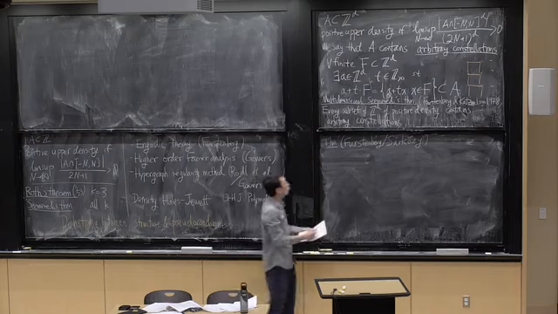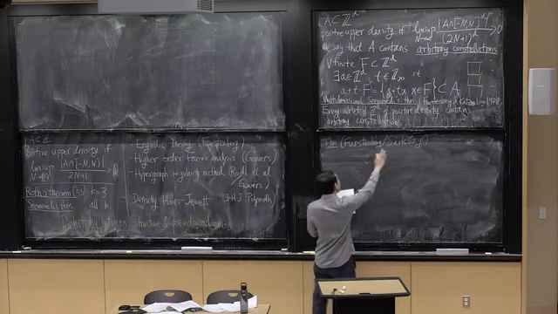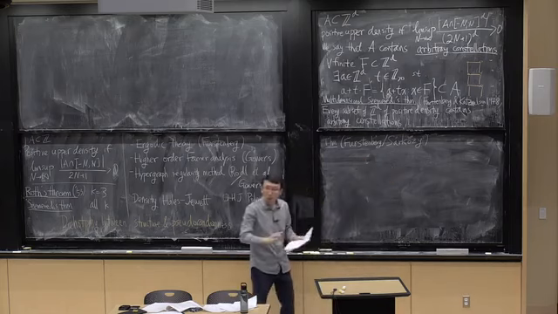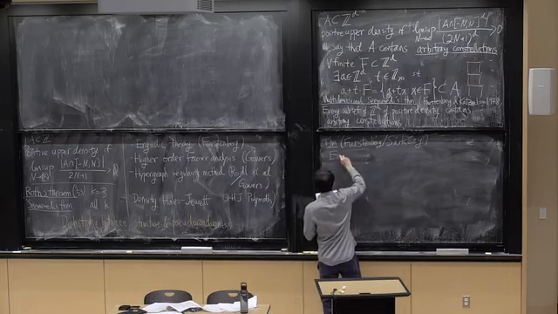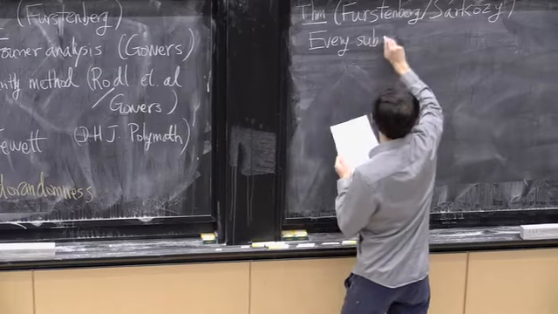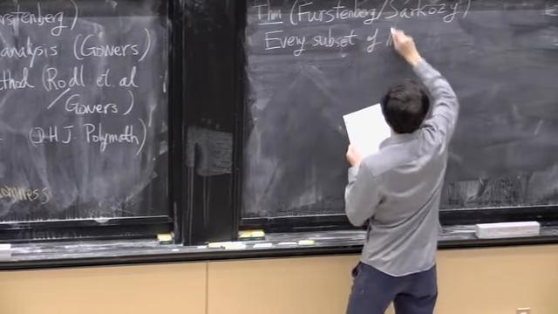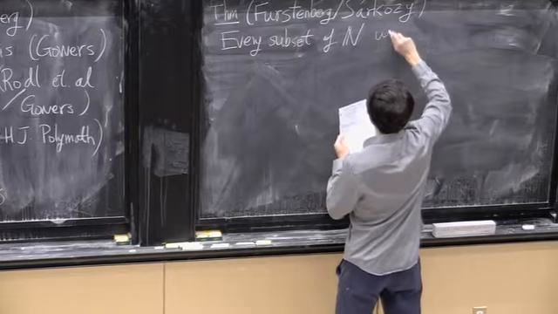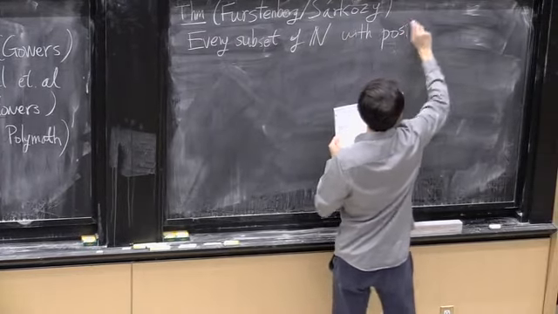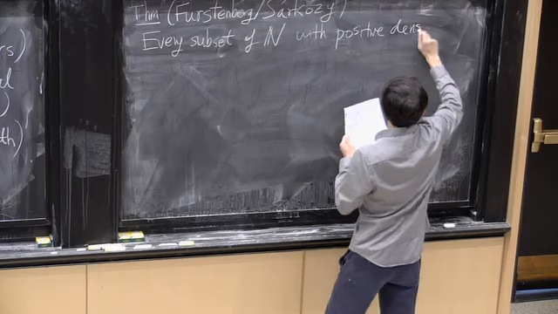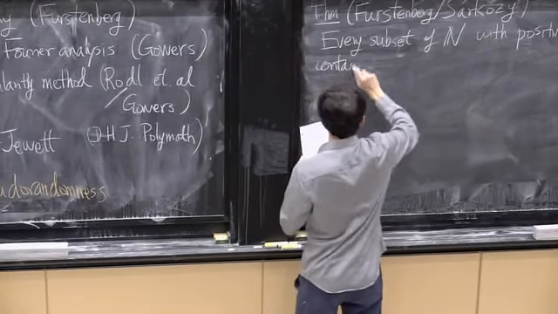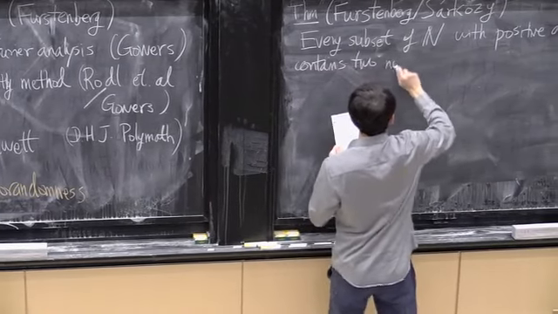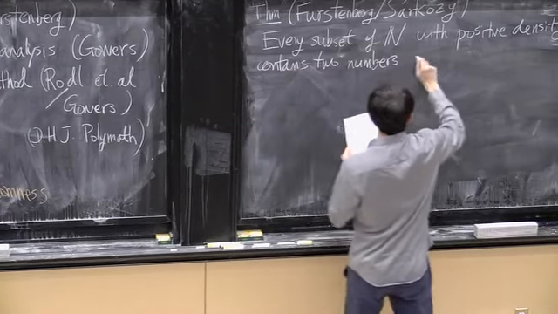Furstenberg and Sárközy showed, using different methods, one ergodic theoretic and the other more harmonic analytic, that every subset of the positive integers with positive density contains two numbers differing by a perfect square.